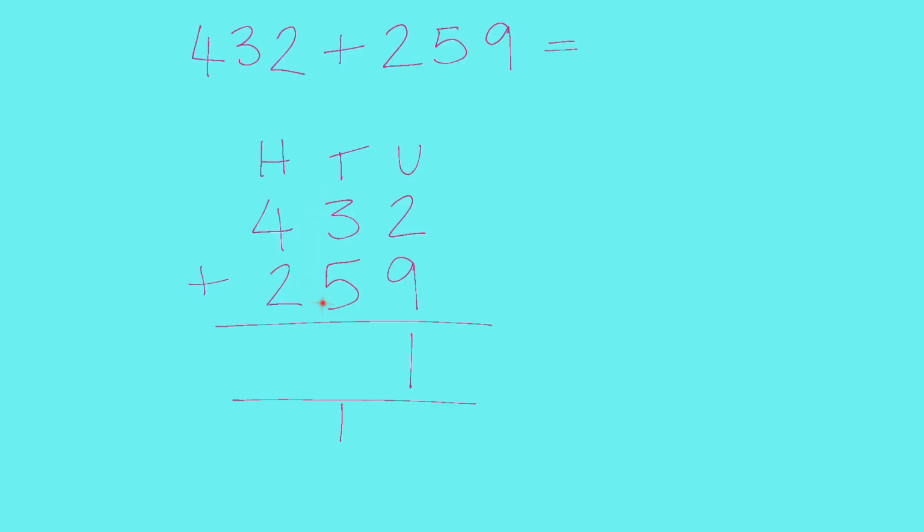We've got 3 and 5 and also our extra one down here. So 5, 6, 7, 8, 9. Write that in the tens column and cross this one off. And then we've got the hundreds. We've got 400 and 200. 4 plus 2 is 6, so we're going to write that here. And our answer is 691.